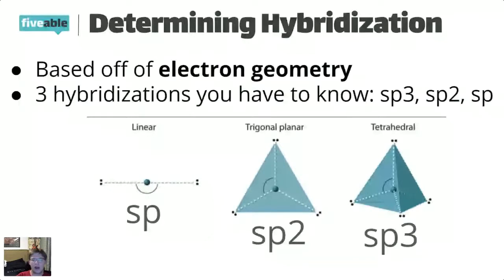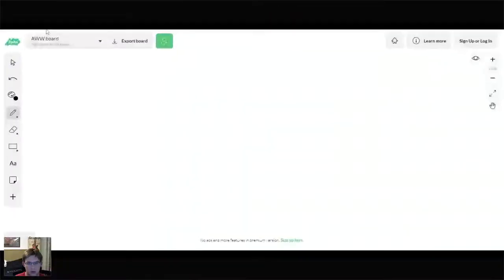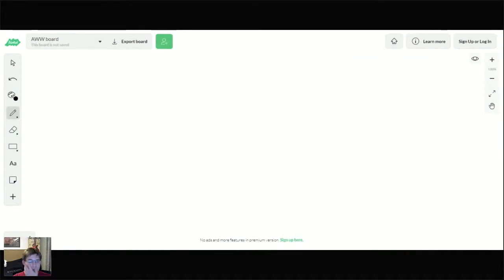And when we look at the hybridizations, it's based off of electron geometry. So for example, in water, I'll pull up this whiteboard again. I'm going to draw a structure. Now tell me what the hybridization around oxygen will be.